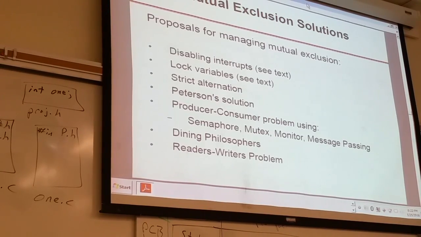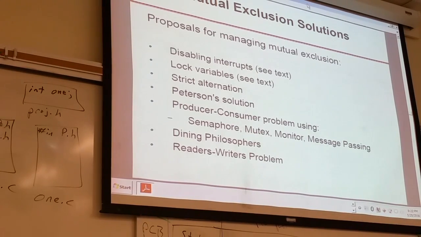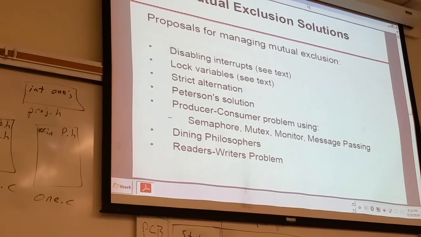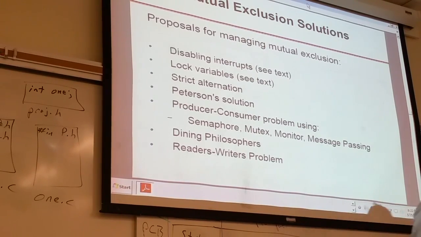There's a number of solutions that have been proposed and have been implemented in different operating systems for managing our mutual exclusion problem. So this impressive little list here should tell you a couple things. One, we haven't solved it perfectly. Two, it's ripe for research. And three, we're going to spend some time looking at some of these algorithms, right?